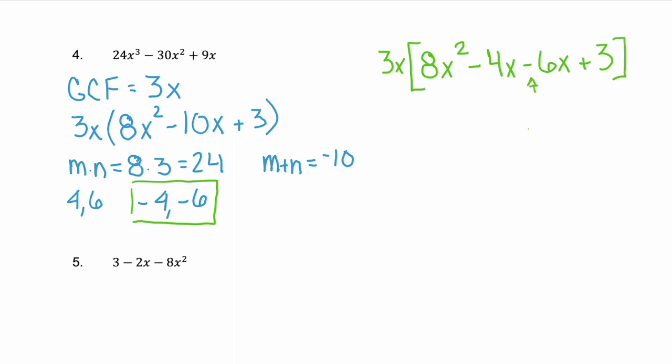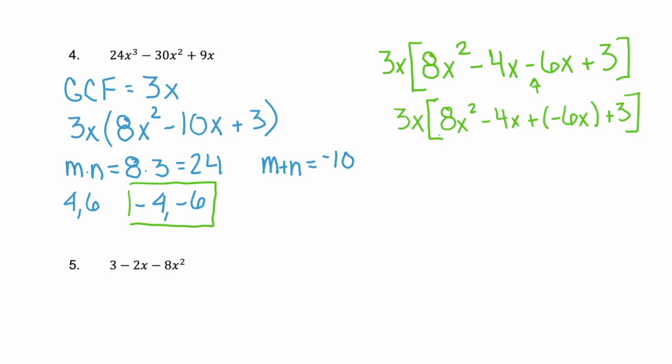So we're going to rewrite that as adding the opposite. And our first grouping stays the same. And don't forget the GCF.